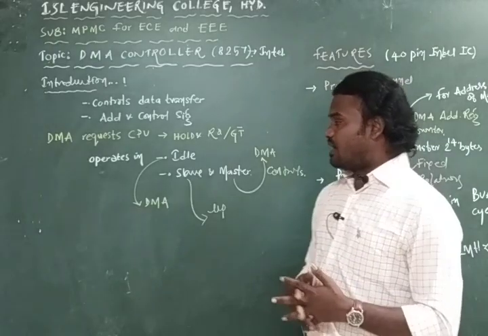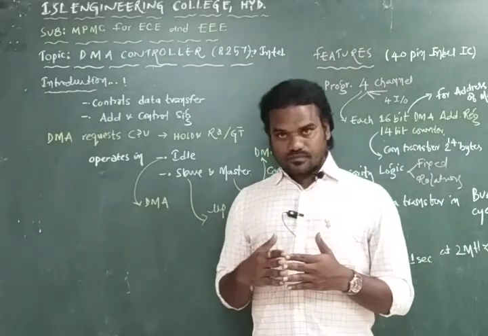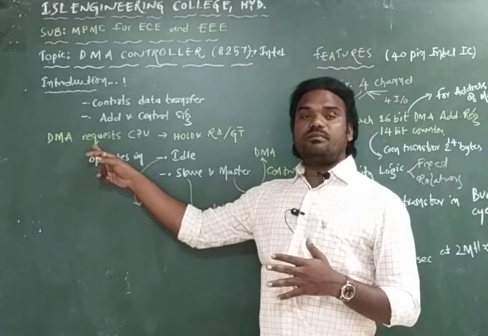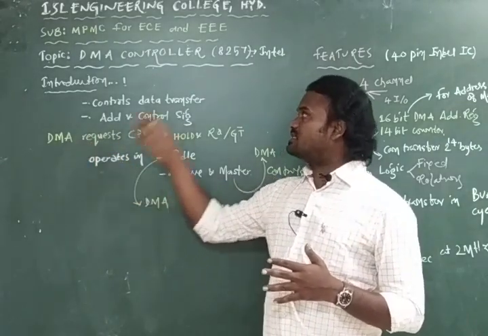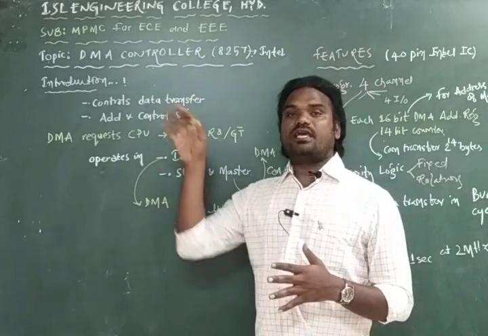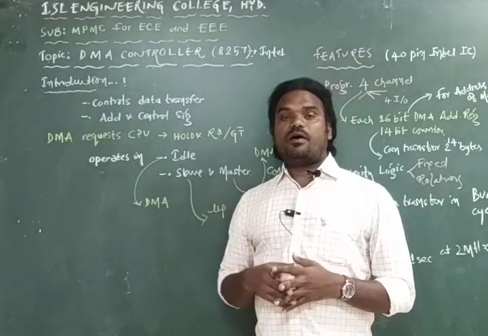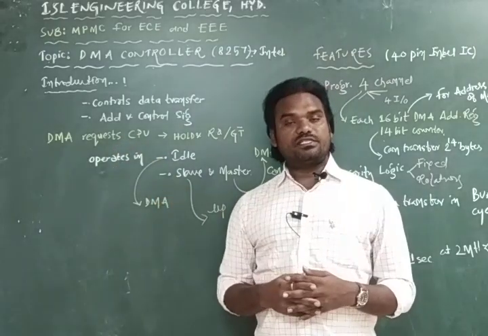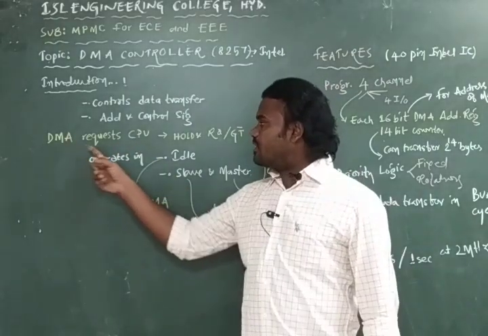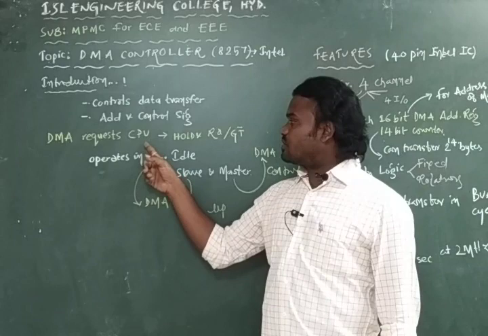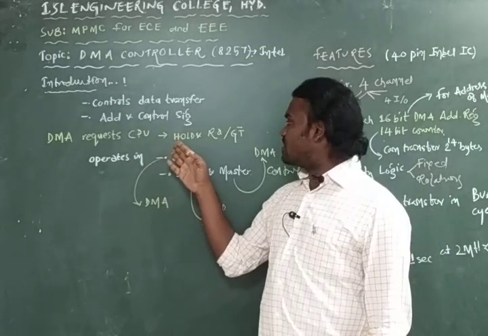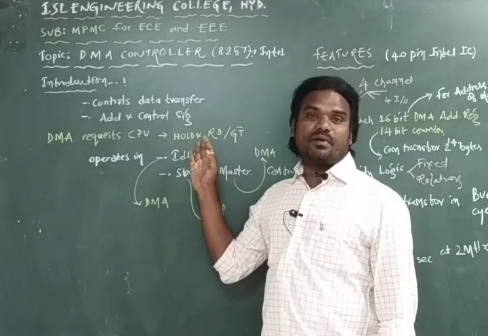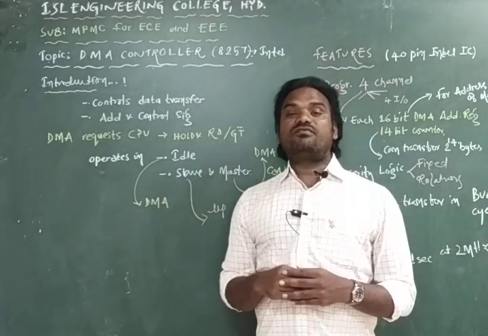So what is the operation involved in the complete phenomenon? DMA is nothing but direct memory access. It is an integrated circuit. It is connected with the processor, so that it requests the processor. CPU is nothing but the processor only. The DMA controller requests the CPU so that it holds the current operation, and based on that request, the CPU gives the grant permission to make use of the system bus.